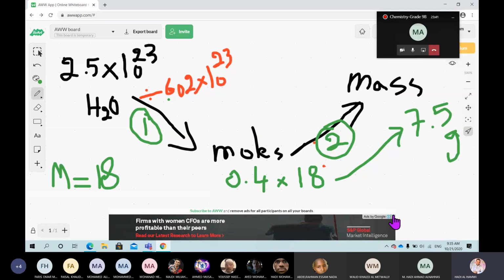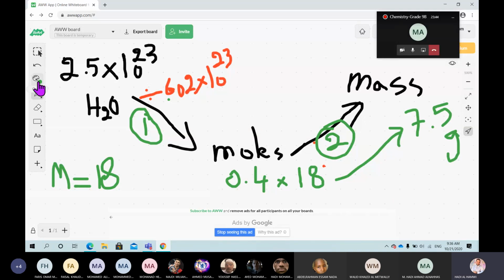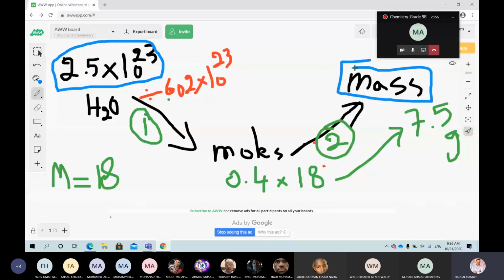Is it clear, Muhammad? Yes. Okay, so please look. I have here the number of representative particles and I need the mass. I cannot convert directly from particles to mass. First step, I convert from particles to moles by dividing by Avogadro's number, which is 6.02 times 10 power 23.